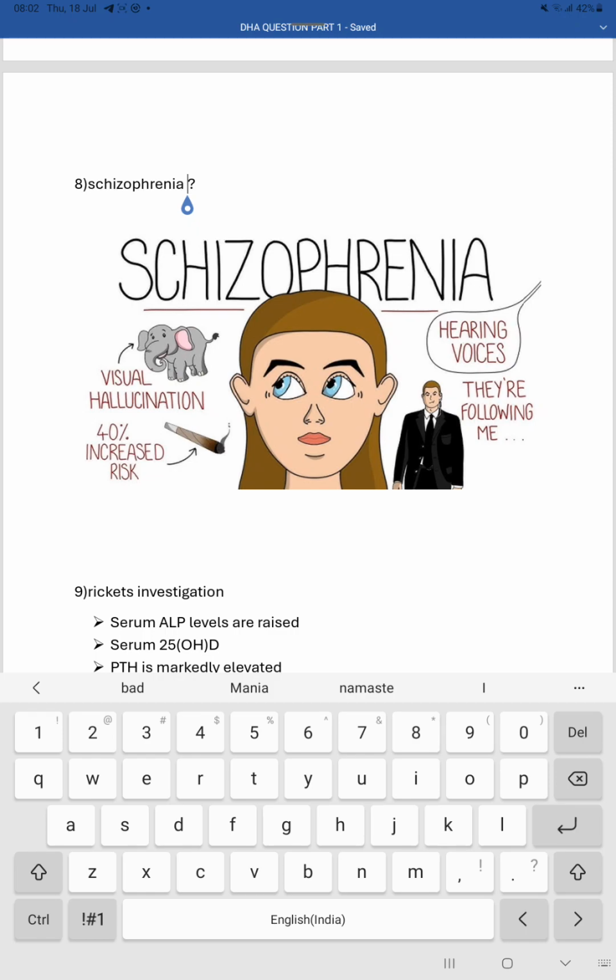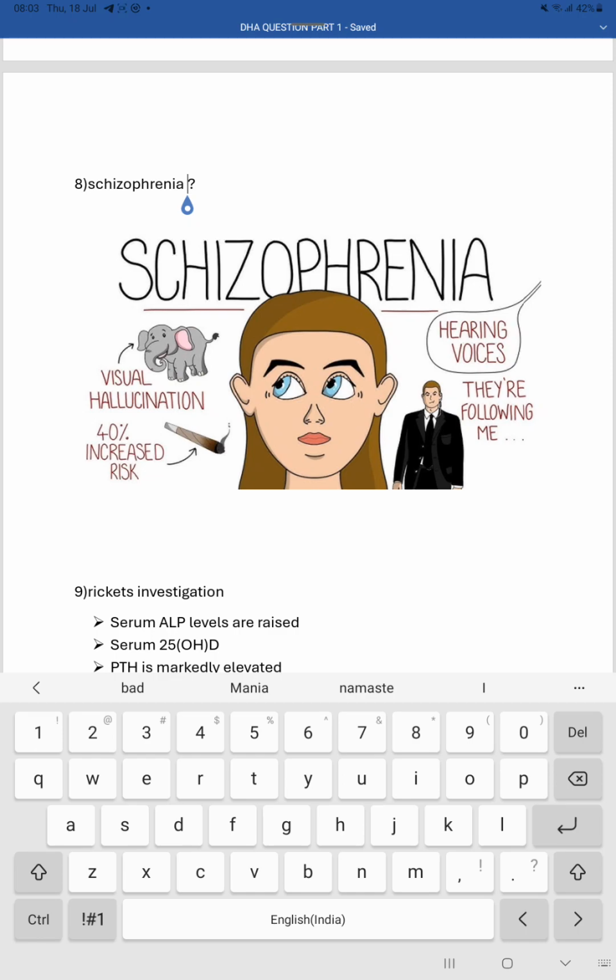Negative symptoms means they will not do self care, hygiene, all those things they don't have. They don't do any sort of self care, and they are always afraid of other people. So they will be speaking very little, and they will be having depression, anxiety. And sometimes some people will be getting suicidal thoughts also. So these are the clinical features of schizophrenia.